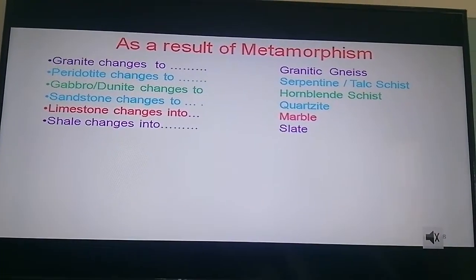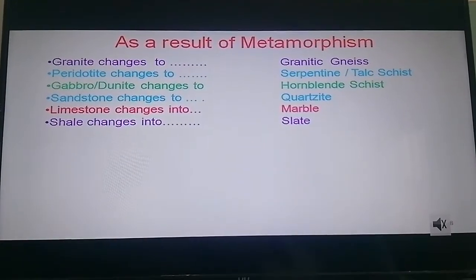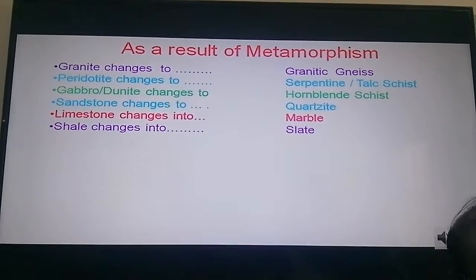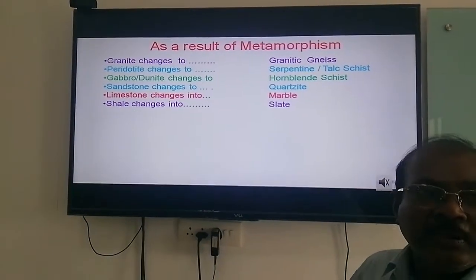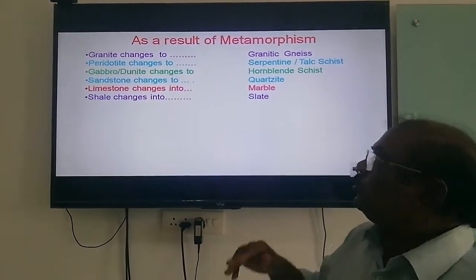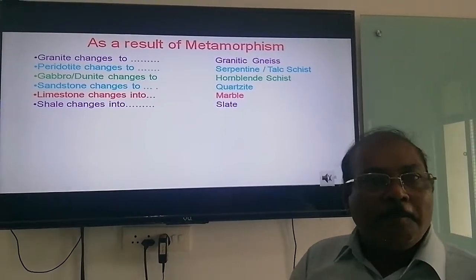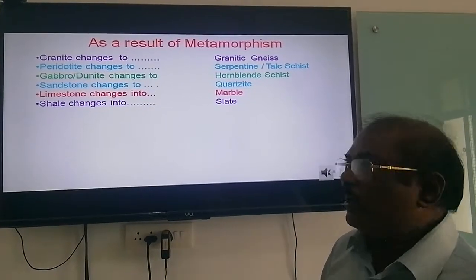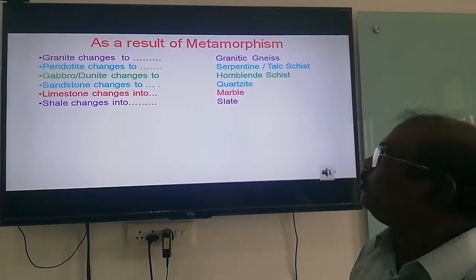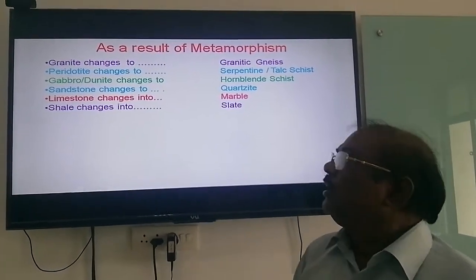Granite changes to granitic gneiss when it undergoes metamorphism. That means when metamorphism acts over igneous rocks such as granite, it changes into granitic gneiss, a metamorphic rock. Similarly, peridotite is also an igneous rock. When it undergoes metamorphism, it will be converted into serpentine schist or talc schist.